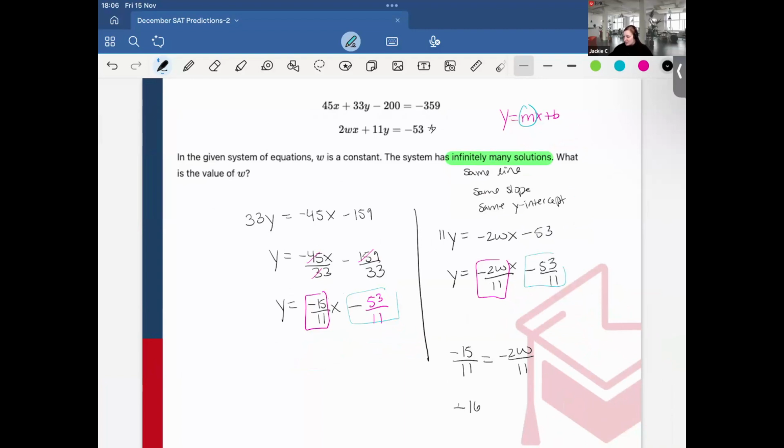So negative 165 is equal to negative 22w, and then divide everything by negative 22. And that will give me positive 7.5 for w, and that would be our correct answer.